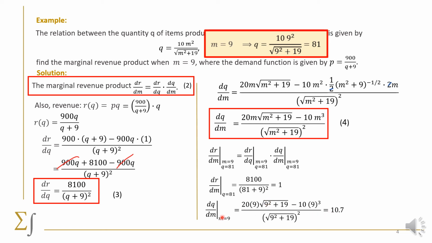So I calculate the dQ by dm to be 10.7. From the last 3 equations, we combine them all together to get dR by dm, the marginal revenue product at m equals 9, Q equals 81, which comes out to be 10.7. And this will be the end of this section for the marginal revenue product.